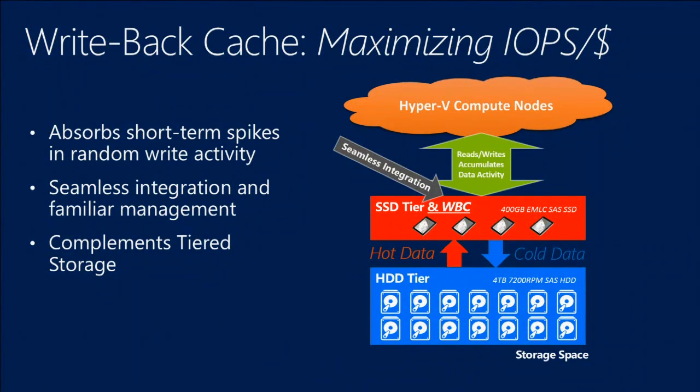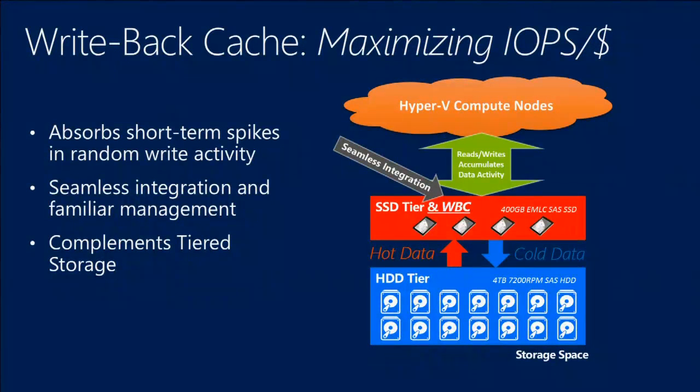So when small writes come in, they get staged in the write-back cache before they eventually get destaged to the hard disk drives. They get destaged in a manner that makes them more sequential, because hard disk drives, especially when I stripe them, can deliver amazing sequential performance, great throughput. So we're trying to make this smaller random I/O more sequential.